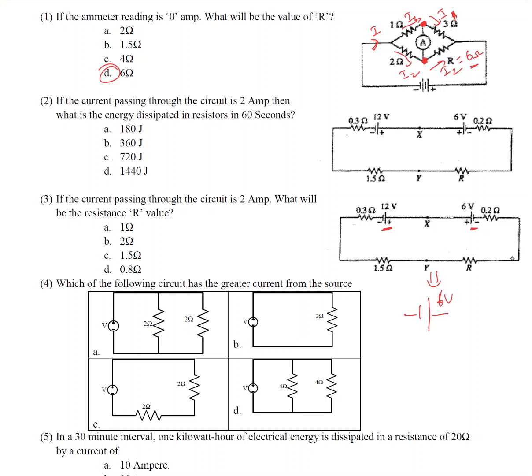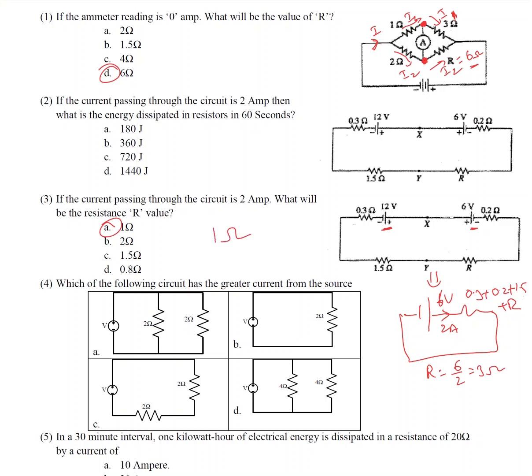Now all these resistors are in series, so total resistance is 0.3 plus 0.2 plus 1.5 plus R. He clearly mentioned a 2 ampere current is passing through this. R equal to V over I, 6 over 2, that's 3 ohms. So 1.5 plus 0.5 is 2, so what is the R value? R value must be 1 ohm.